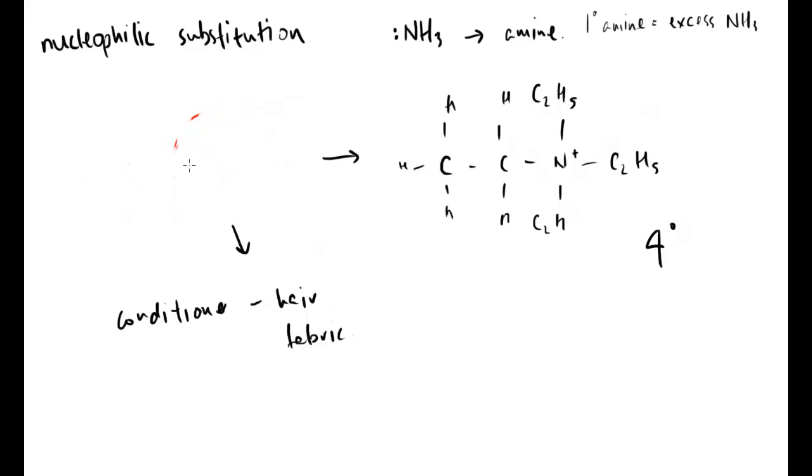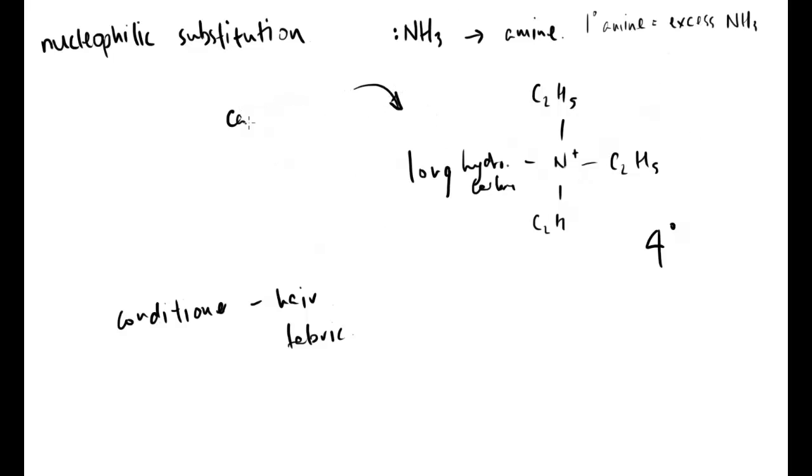What you'll find is that rather than have just these fairly short hydrocarbon chains attached to this here, you would have a long hydrocarbon, and this is what's classed as a cationic surfactant. And if you look on the back of shampoos and all the rest, you will see various ammonium amine based things, and they are actually the cationic surfactants, particularly conditioners where you have ingredients on the back.